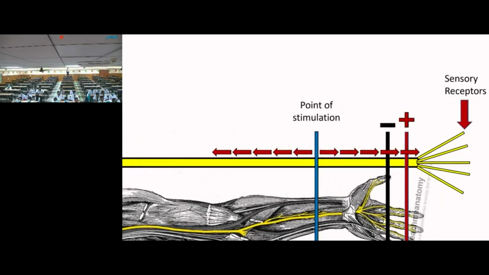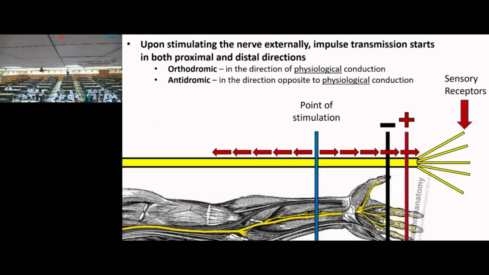So we are going to give the stimulus here and we are trying to record it here. So we are going to do it the opposite way. Usually the transmission is from peripheral to proximal side. But what we are doing, we are giving the stimulus here and recording it distally. So we are doing an antidromic type of conduction.